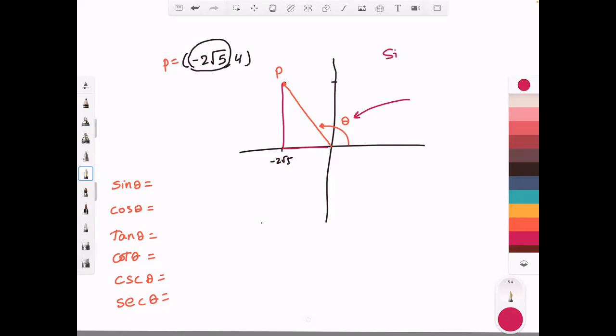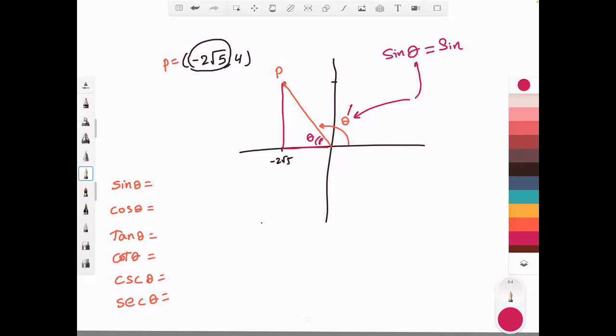Sine of, for example, this theta is exactly the same as sine of this alpha. I'm going to call it theta too. I know this theta is much bigger than this one, but the values of the 6 trigonometric functions would be the same.